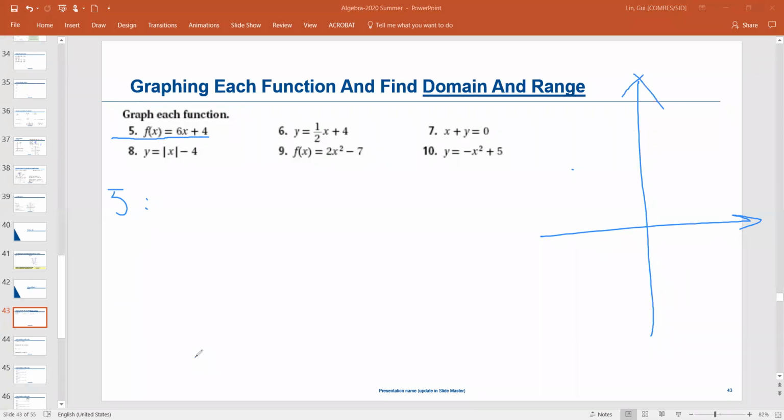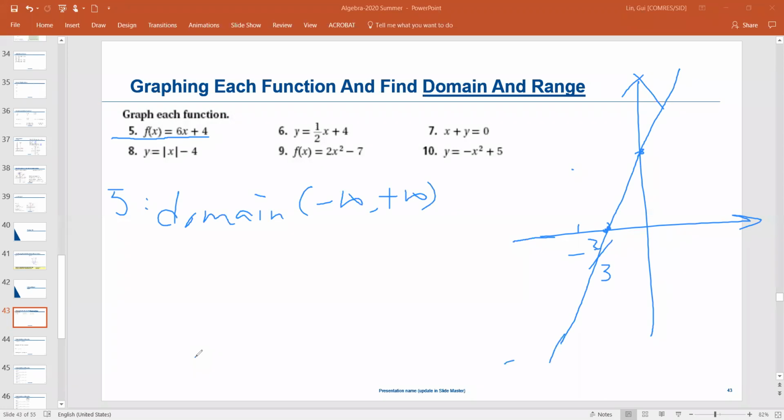So for the linear line, when you graph number 5, you can see the y-intercept is (0, 4), right? The x-intercept is (-2/3, 0). So it will look like this when graphing. You can see the domain is negative infinity to positive infinity, right?